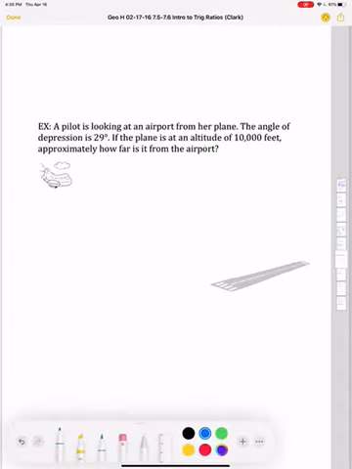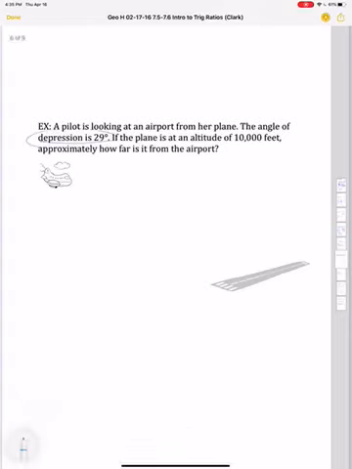So here we have an example of a pilot, and she's looking at an airport from her plane. The angle of depression. Okay, so that means looking down. My line of sight is here, if I look straight out, but if I go down, the angle of depression right here is 29 degrees.